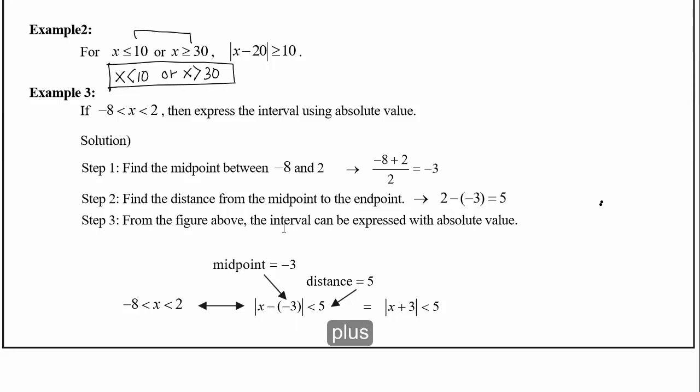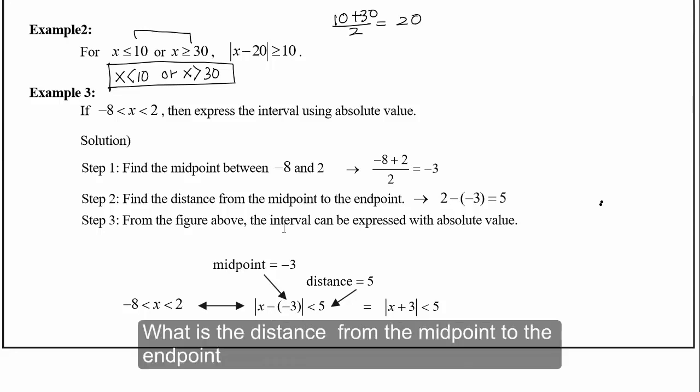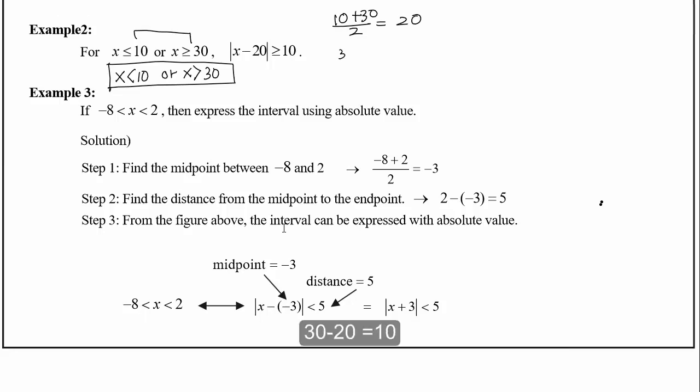Okay. So 10 plus 30 divided by 2, 20 is the midpoint, same as before. What is the distance from the midpoint to the endpoint? 30 minus 20 equals 10. We know that the solution x is outside of the two endpoints, 10 and 30.